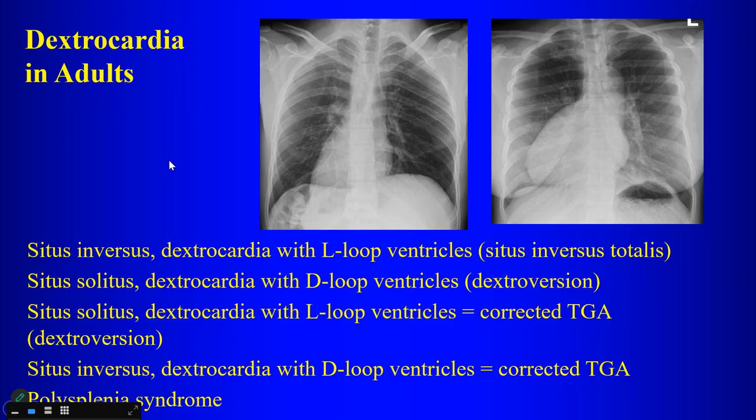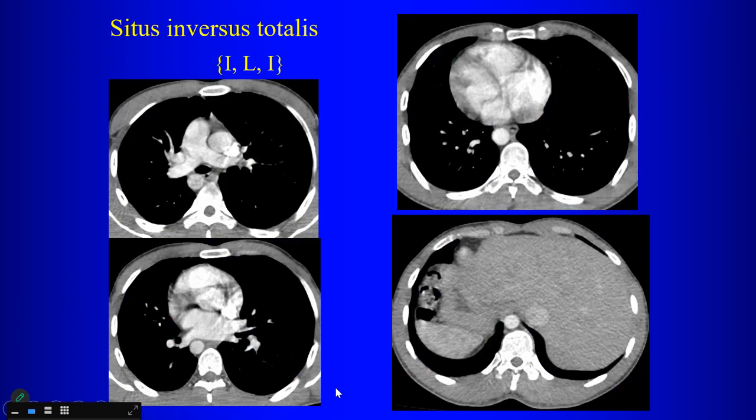So what we've gone through here are some various causes of dextrocardia in adults. We saw situs inversus dextrocardia with L-loop ventricles, situs inversus totalis, situs solitus with dextrocardia and D-loop ventricles, dextroversion, situs solitus dextrocardia with L-loop ventricles, corrected transposition, dextroversion, situs inversus dextrocardia with D-loop ventricles, corrected transposition, and polysplenia syndrome.